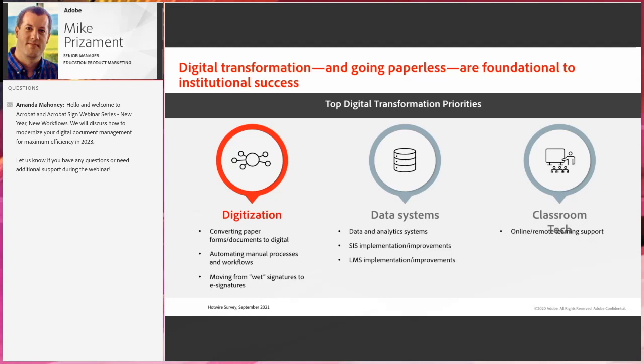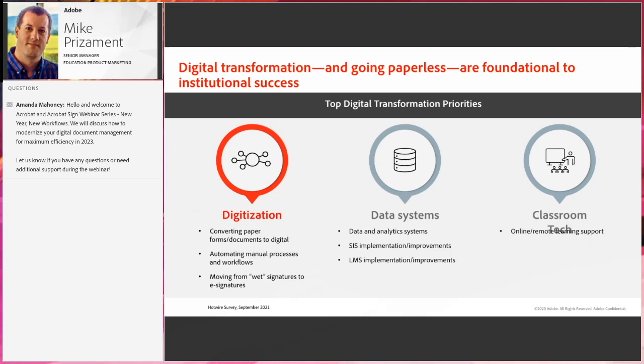When you think of the top digital transformation priorities, we did a survey a little over a year ago, and most of the responses from education organizations were looking towards digitizing a lot of their documents. That means converting paper forms and documents to digital, automating a lot of these processes, and moving away from wet paper-based signatures to e-signatures. That was definitely the big area of focus.